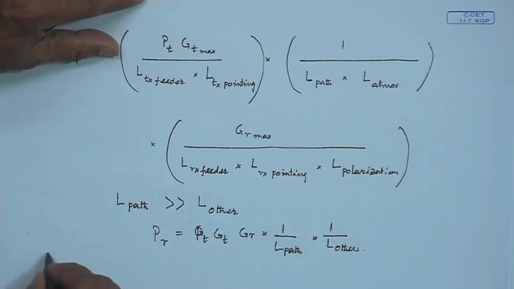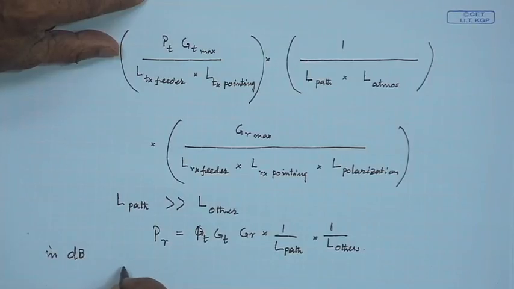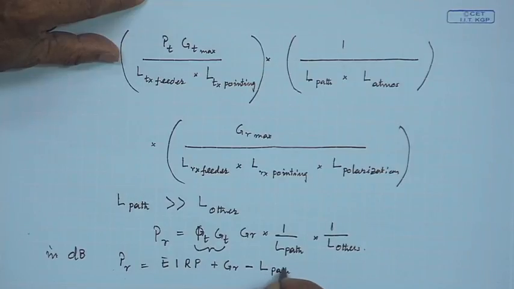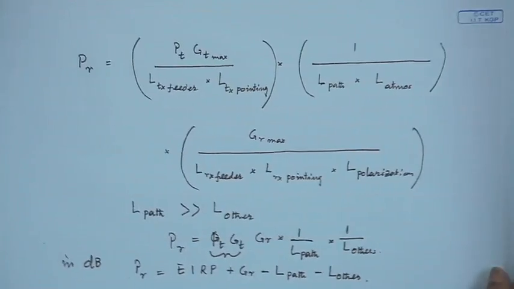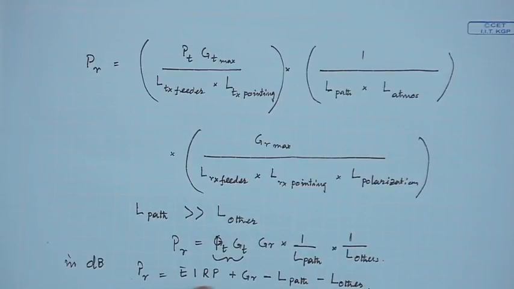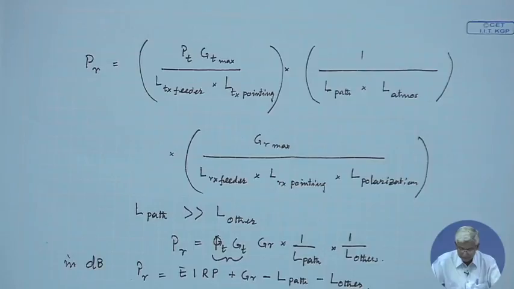In dB terms, the whole thing can be written as P r is equal to EIRP plus GR, this is in dB, minus loss due to path, that is path loss, minus loss due to others. In dB terms it is only addition or subtraction. So, if these numbers are properly calculated, you can draw a power level diagram.